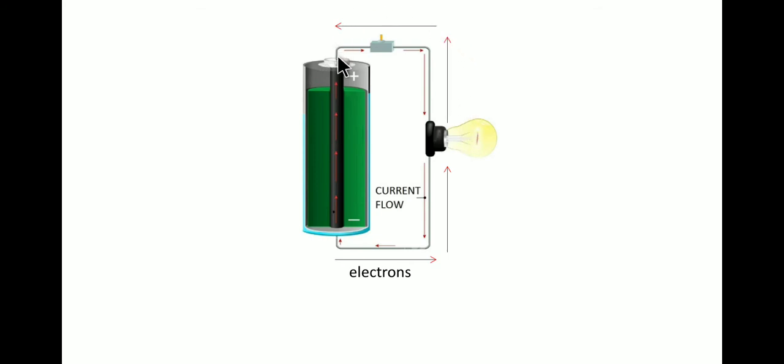So how can current flow in the opposite direction? Conventionally it has been accepted throughout the world that if electrons flow in this direction, we consider that the current flows in the opposite direction, because the current is supposed to flow from positive to negative, from higher potential to lower potential.